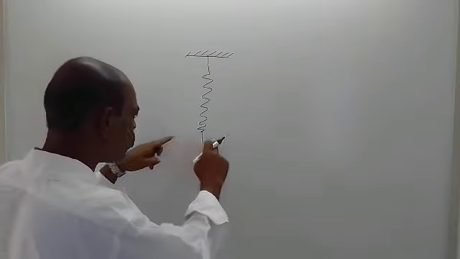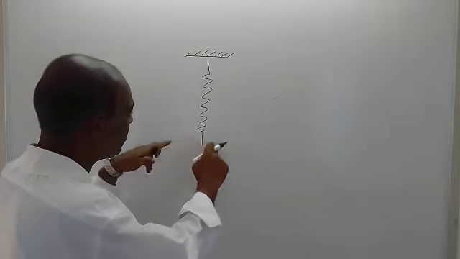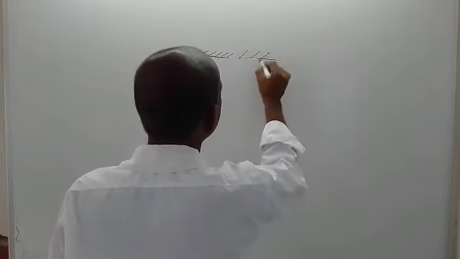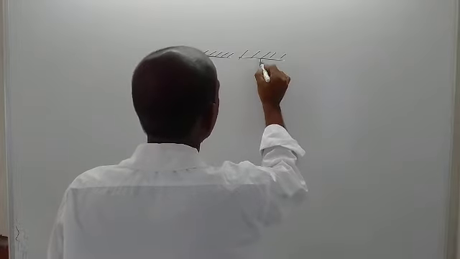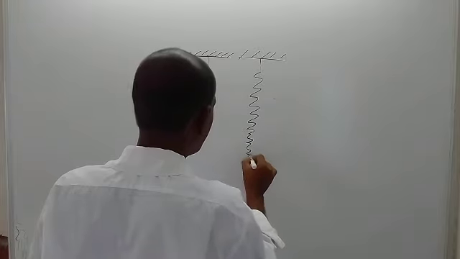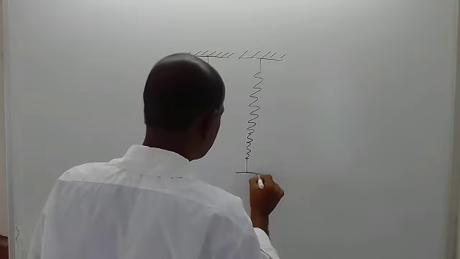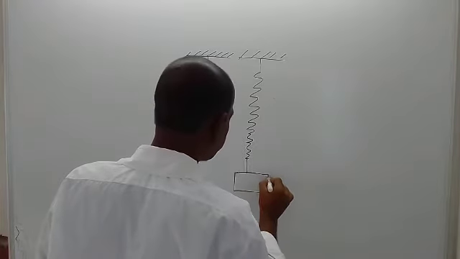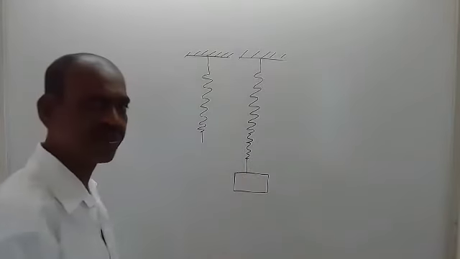Now if you attach one weight at this end of the spring, suppose that position is this one, what will happen if you attach one weight? There will be some elongation of the spring due to this weight.